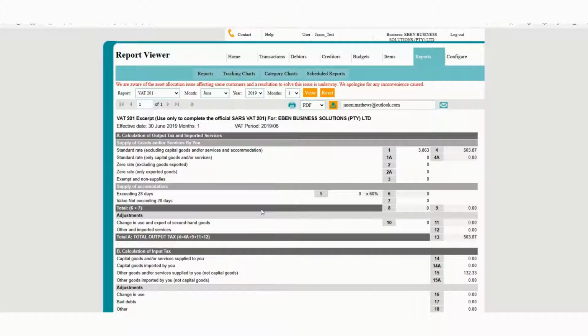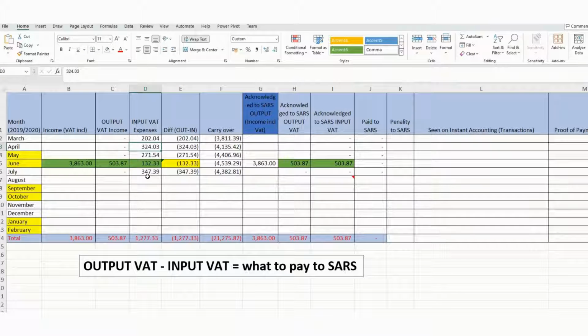So this is what FNB Instant Accounting is just looking from your transactions that you've pulled through. So I take that information, 503 and 132, and I place it over here. 503 as my output VAT and 132.